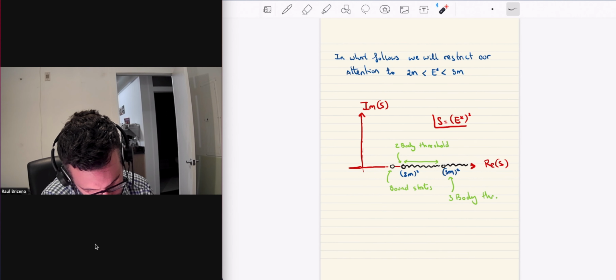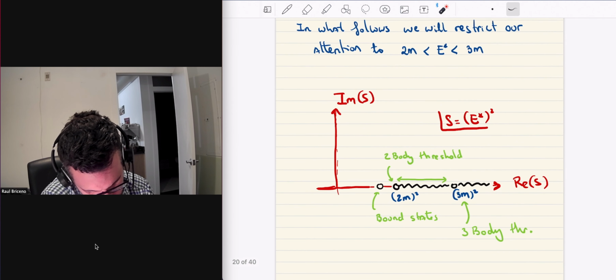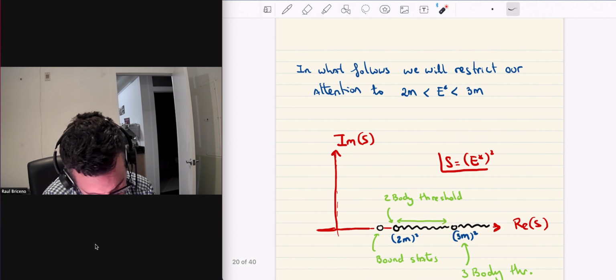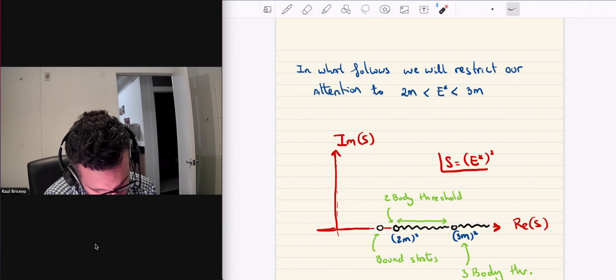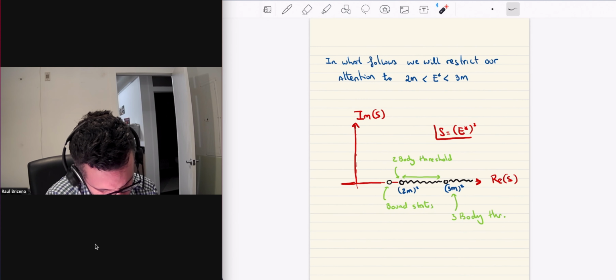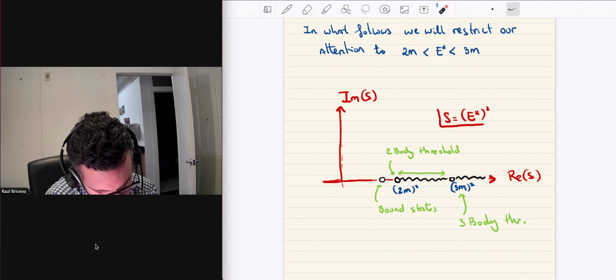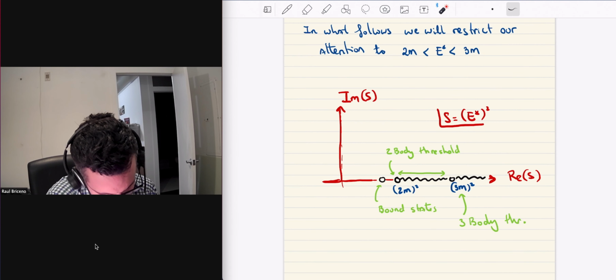and so studying scattering amplitudes in general is quite taxing, and so we're going to make our lives easier by just considering a particular kinematic region. I'm going to be showing quite a bit of complex planes for different variables, and this is the first time I'm showing the complex plane for S, which is E star squared, right?